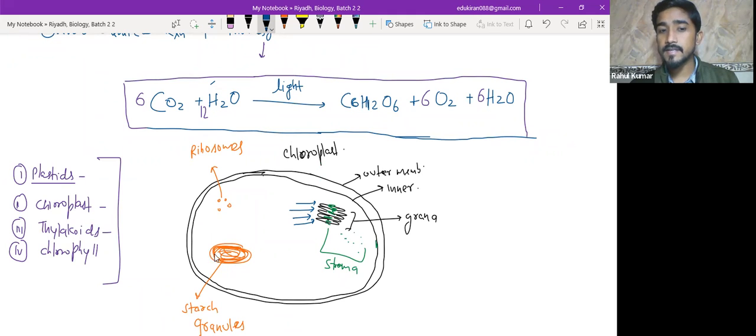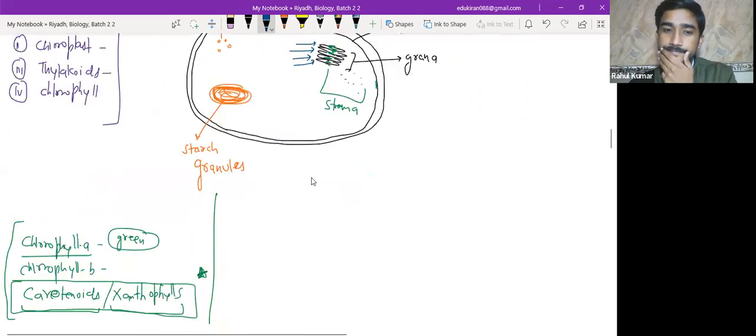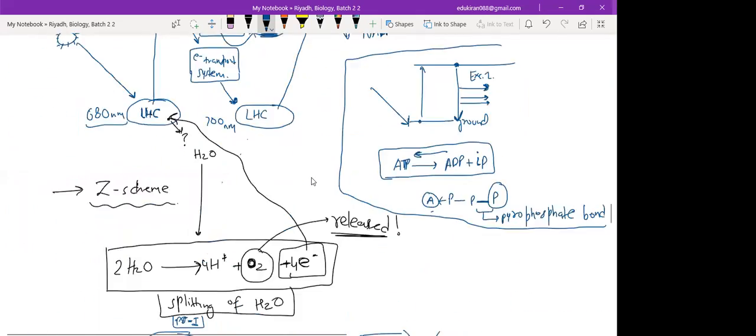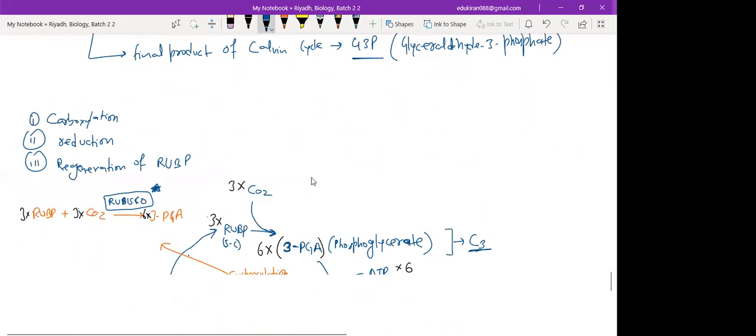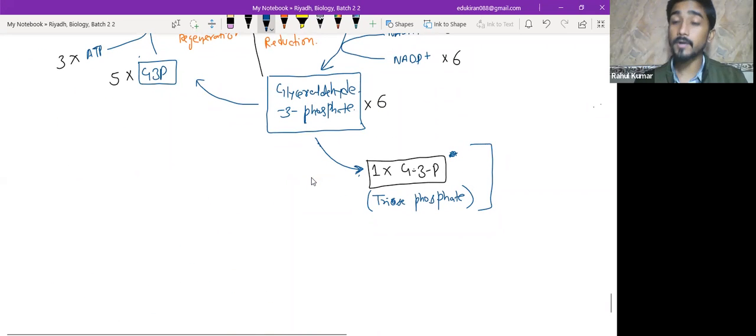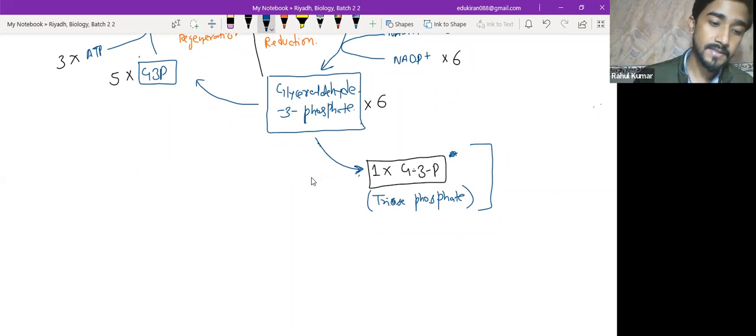So starch synthesis happens in this chloroplast. The chloroplast is again a cell organelle, but outside the chloroplast is the cytoplasm, correct? Yes, sir. So inside the cytoplasm, or we call it cytosol, there is sucrose synthesis. Is it clear?